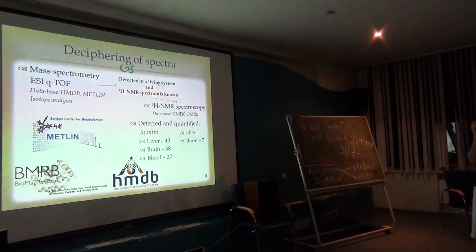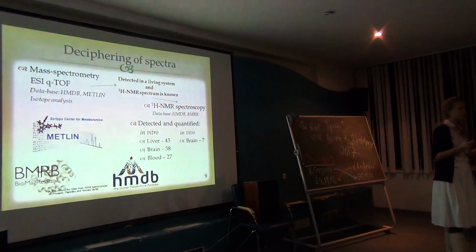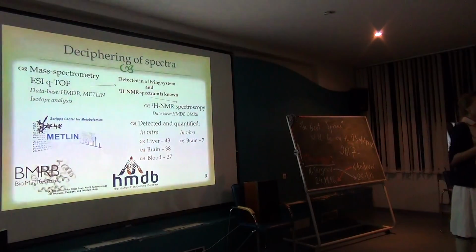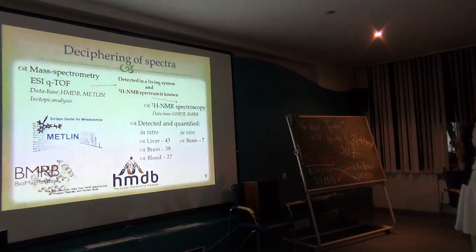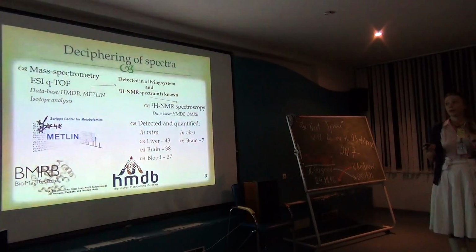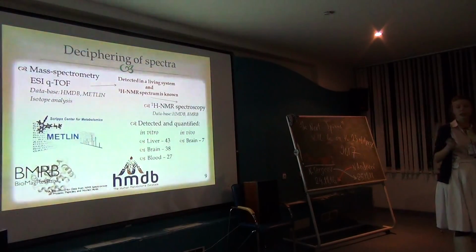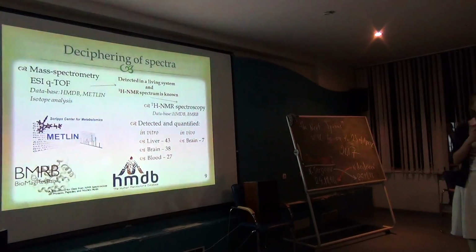The next step is the identification of spectra. It's a very complicated task. It is necessary to understand which lines correspond to which metabolites. So at first we used mass spectrometry, the IC cutoff method, with the help of the HMDB and METLIN databases, and isotope analysis, we found some set of metabolites.